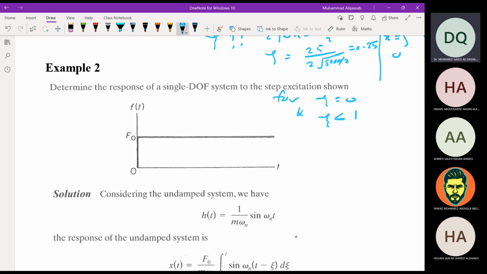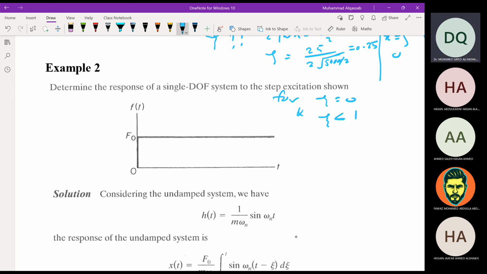And the oscillation will be about a new equilibrium line. It will not oscillate about the equilibrium line before applying F naught. So if the bearing mass system with damper, this is the equilibrium position.